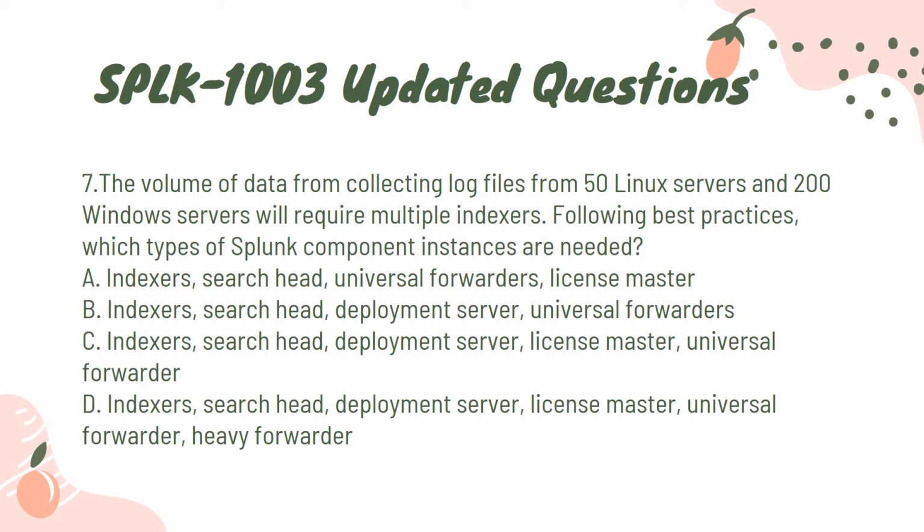B. Indexers, search head, deployment server, universal forwarders. C. Indexers, search head, deployment server, license master, universal forwarder. D. Indexers, search head, deployment server, license master, universal forwarder, heavy forwarder.